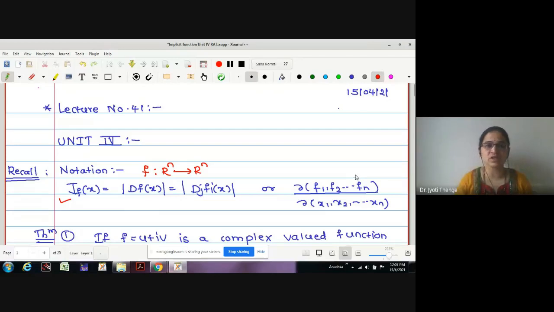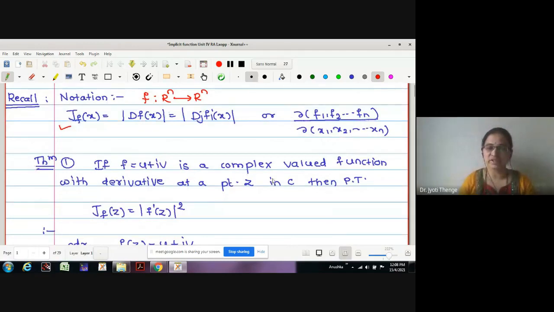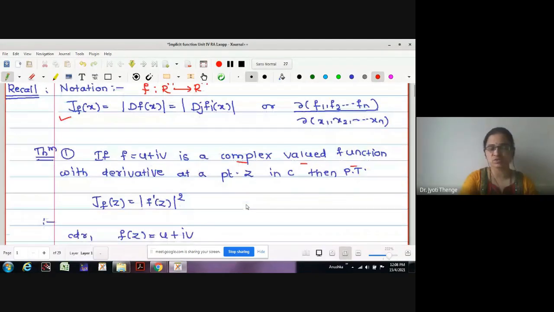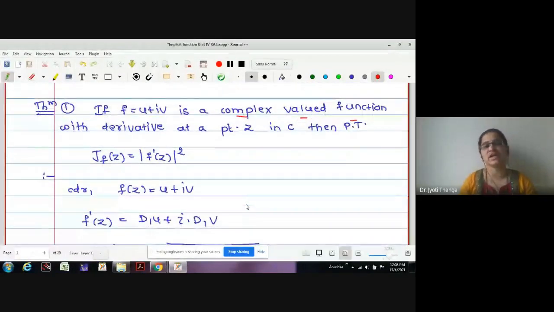And also we have seen the use of the Jacobian in changing the variables in one dimension space, two dimension space and three dimension space also. Let us go to a theorem we studied in the last lecture. Whenever f is a complex valued function with a derivative at a point z, then we proved that the Jacobian determinant Jf of z is mod of f dash of z, whole square.